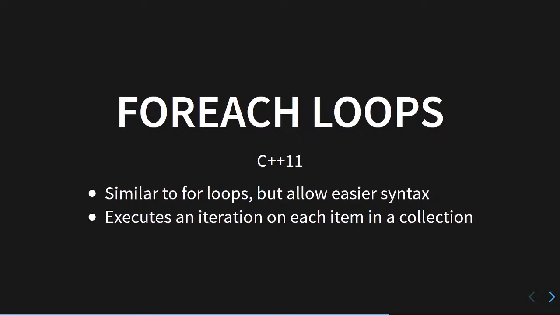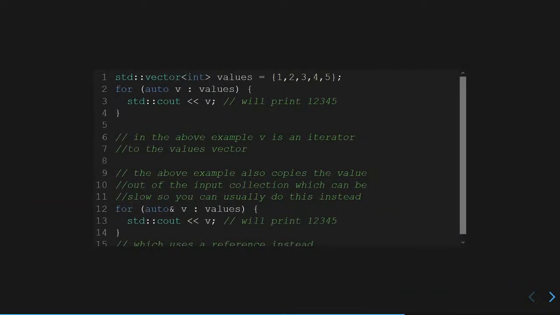Then we have for each loops. These are similar to regular for loops, but it's an easier syntax when you're trying to loop over a vector or a map instead of doing the longer for syntax. So again, we're going to be defining our vector, and then right here, assuming you can see that highlighting, we are declaring it as auto v.